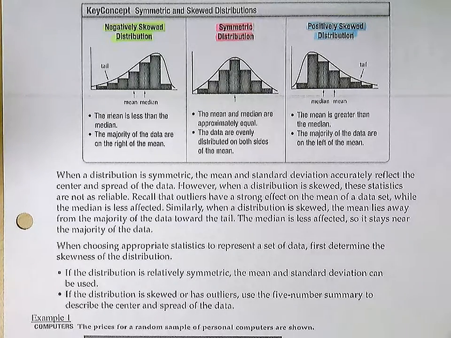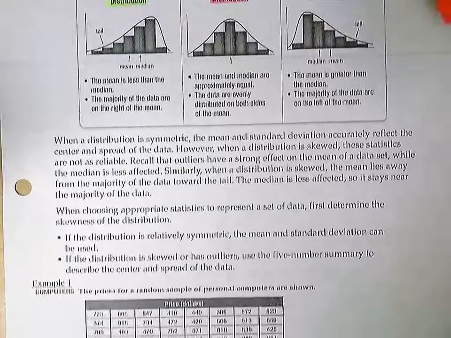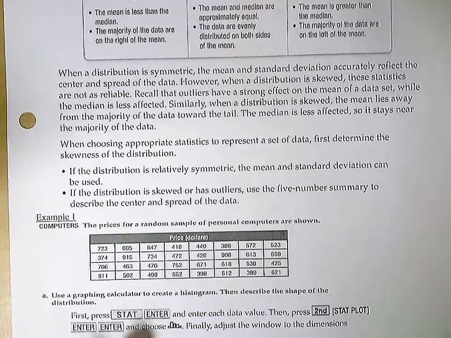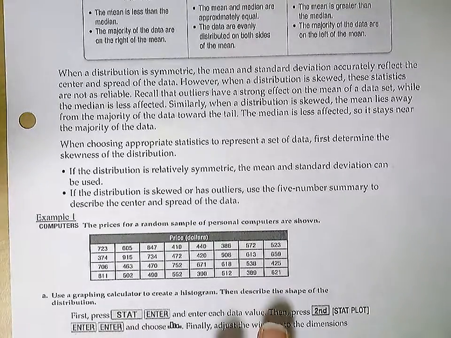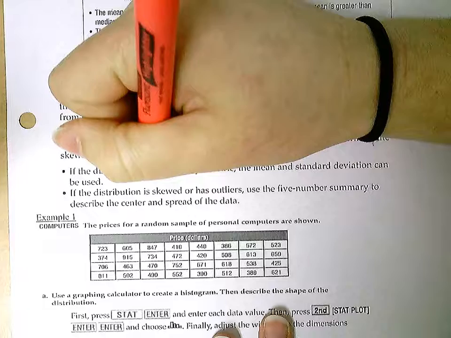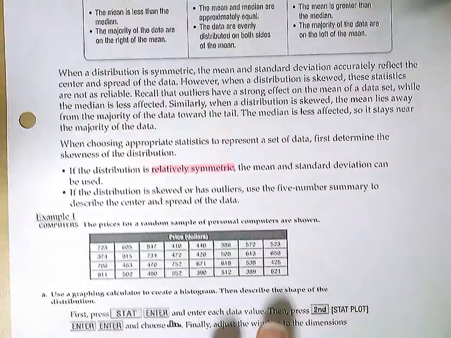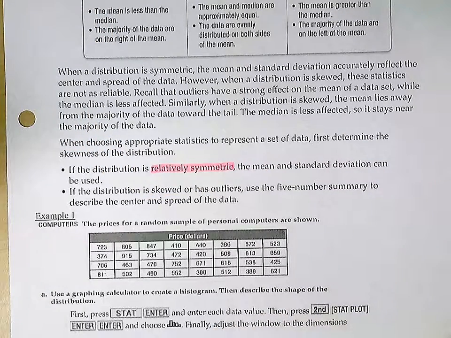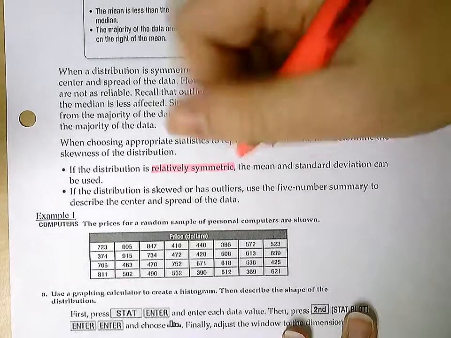So you can choose appropriate statistics to represent the data set, depending on whether it's skewed or normal. If your distribution is symmetric, you're going to use the mean and the standard deviation.